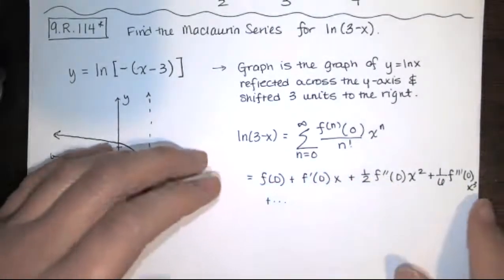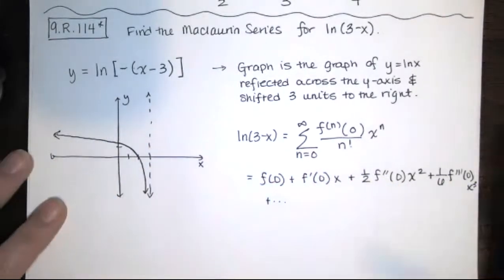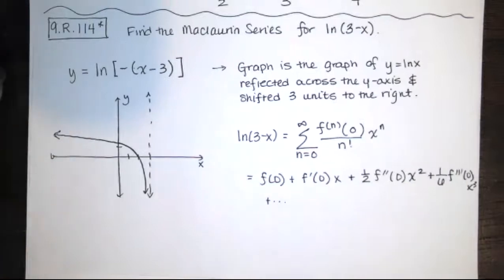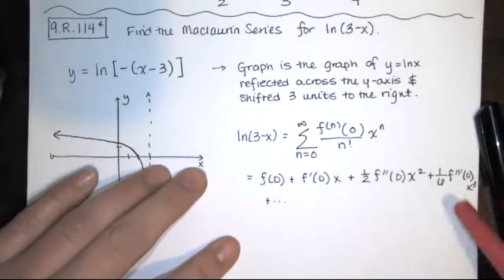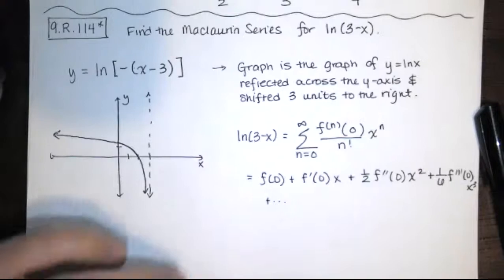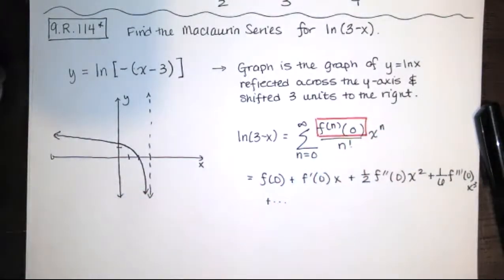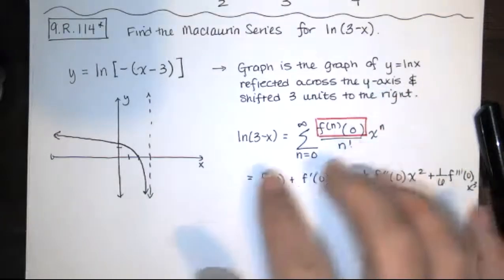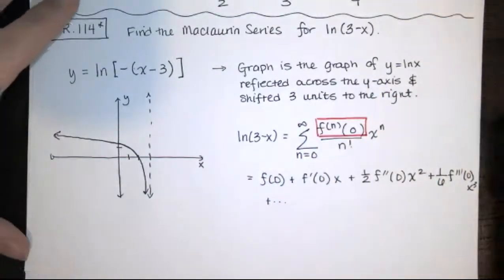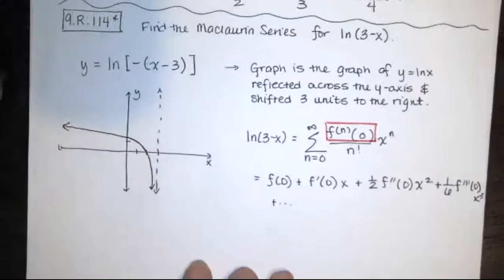And we keep going, and I'm sorry that x cubed got sort of cut off at the end of the page. But the idea is this. Everything here is well known except for this pattern for the nth derivative of the function at 0. If we can find that, then we can find the Maclaurin series for this function. So let's do that.